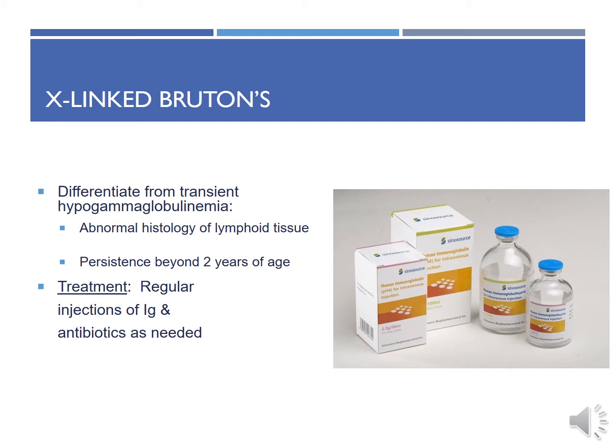They will need this for the rest of their lives, and you would think, and you're correct, that this would get very expensive. Plus the antibiotics: if they do come down with an infection, they have to take very strict and highly dosed antibiotics to keep that infection down.